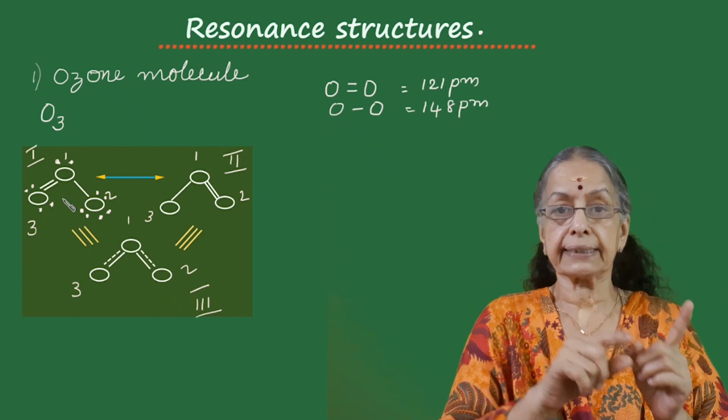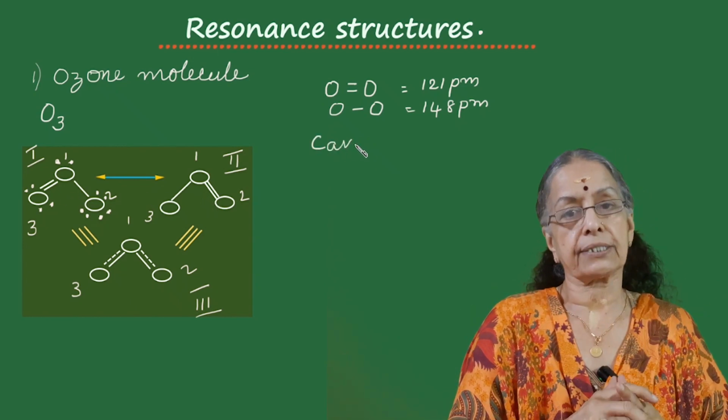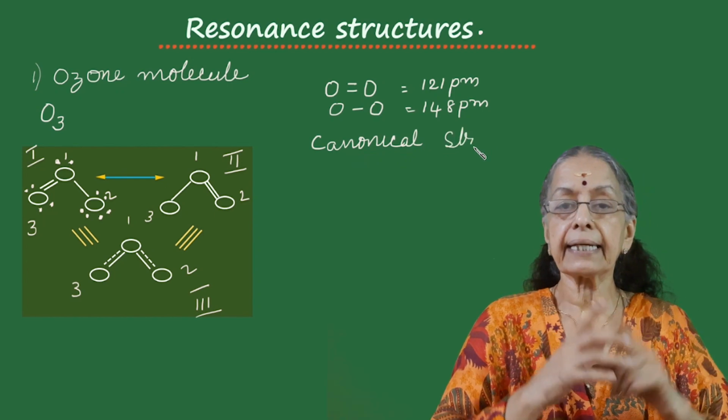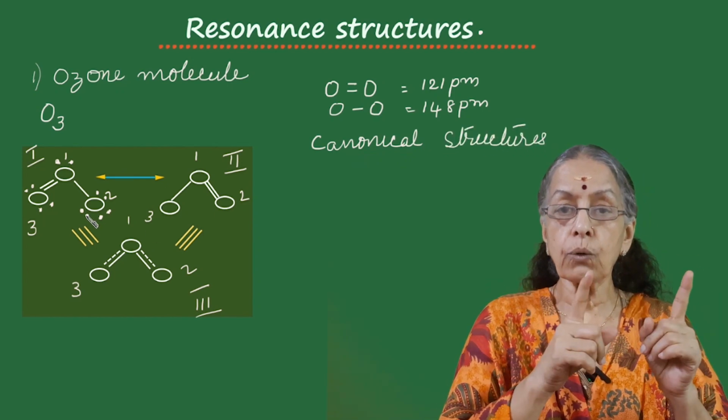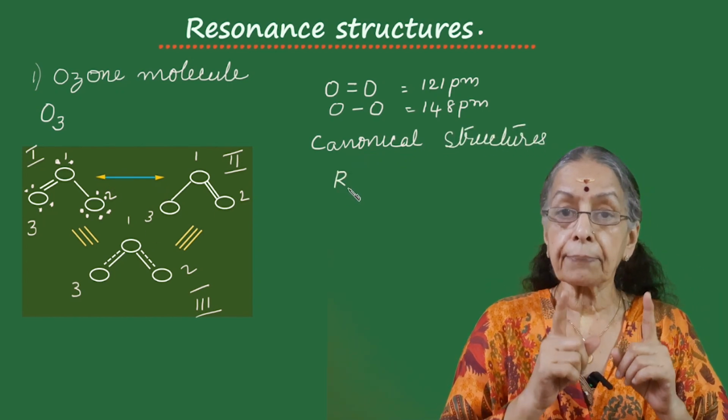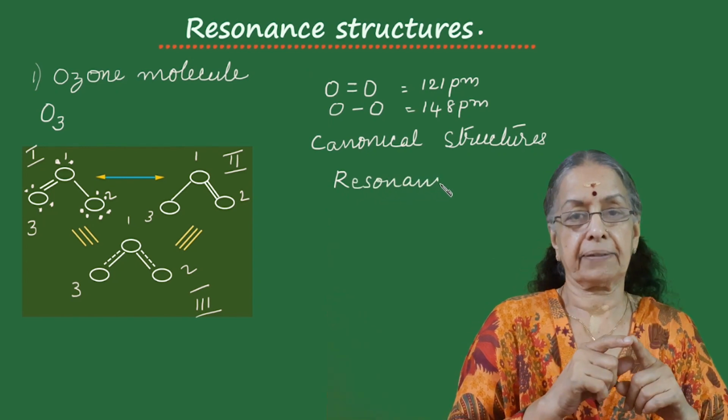These 2 structures are called canonical structures. The double-headed arrow between these 2 canonical structures represents resonance.